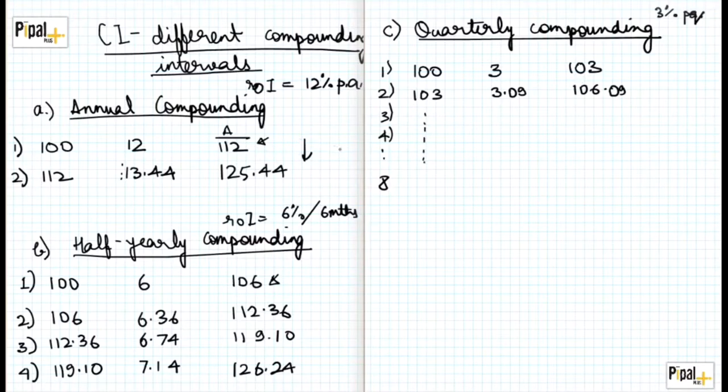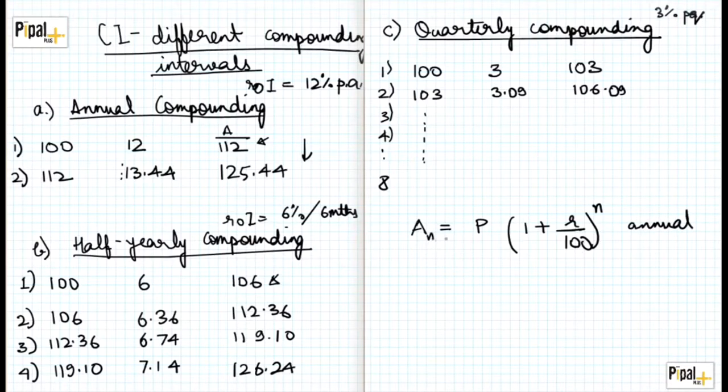If we were to generalize, the amount due at the end of n years is equal to the principal multiplied by 1 plus r upon 100 to the power n. This is for annual compounding.